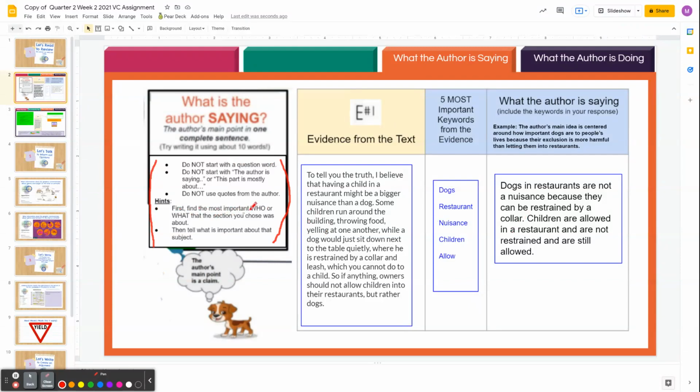First, find the most important who or what it is about, that this passage right here, and then tell what is important about that who or what. In this case, we said that dogs, restaurant, nuisance, children, and allow were the important who and what.